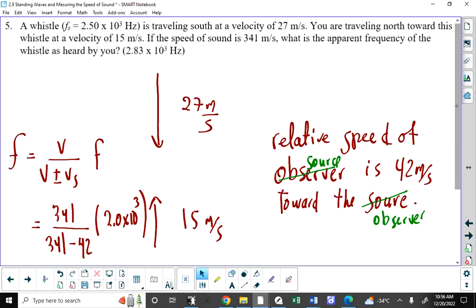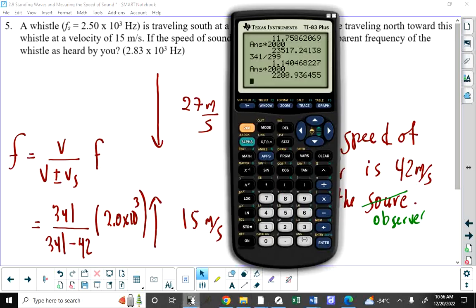Don't let it be. I think I entered the numbers in right. Wow, that's off quite a bit, isn't it? Oh, I wrote the frequency down wrong. It's 2500 hertz. I apologize.